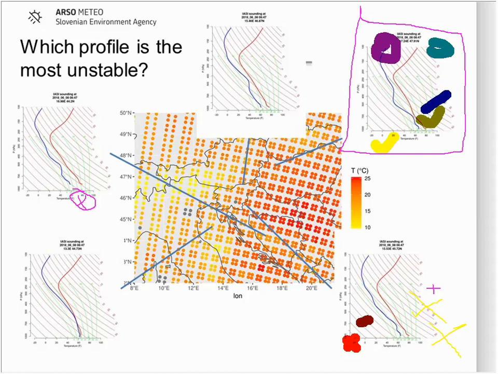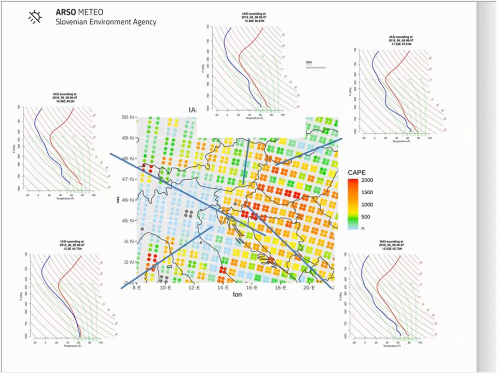There's a region that has quite some moisture, and we have this profile here that is more moist, but the lapse rates are really low, and this one is drier. And when we actually calculate the Cape from this, this is the result. You can see that these two profiles are from the points where we have the highest Cape values.